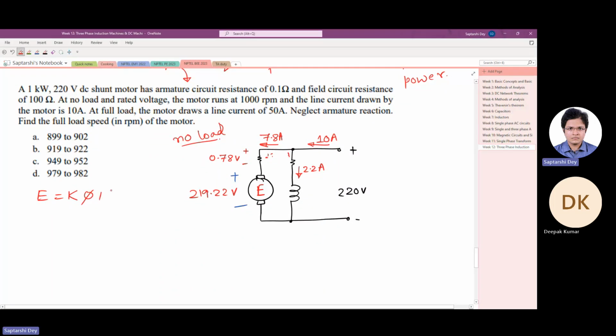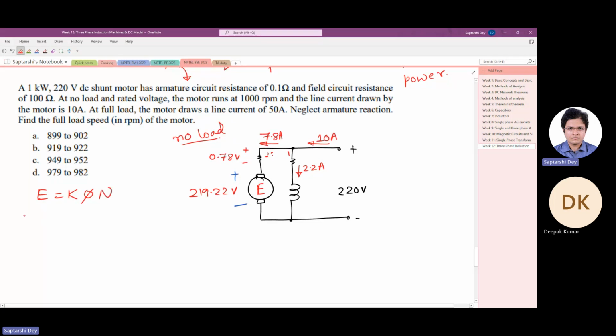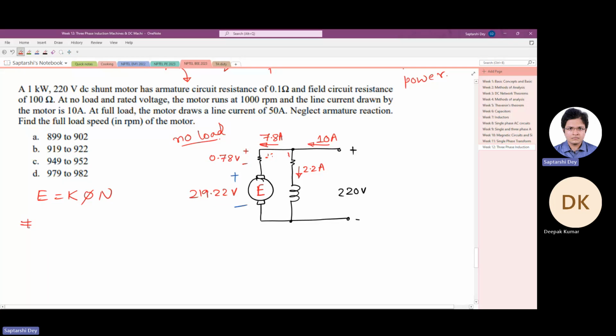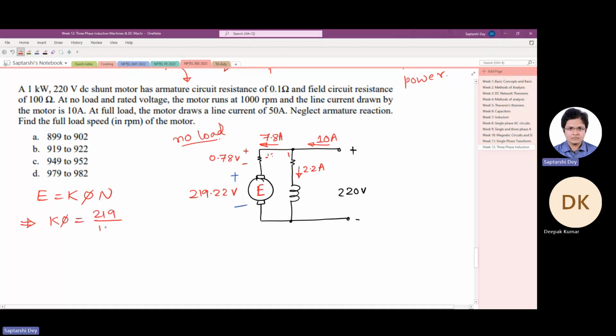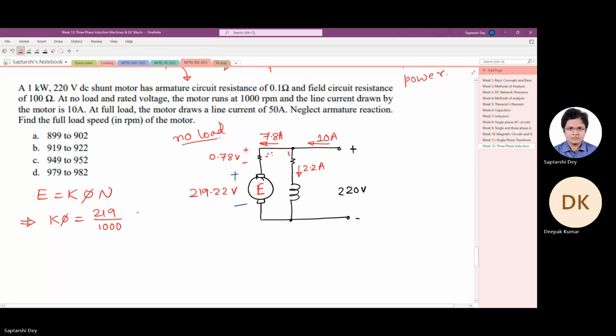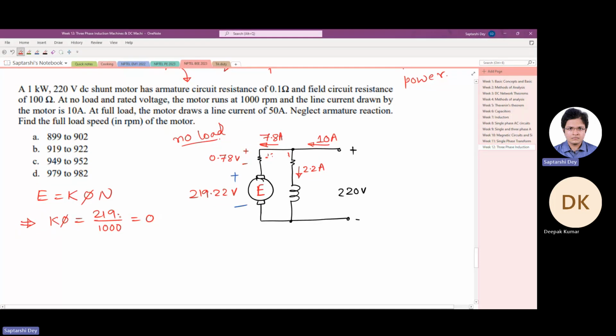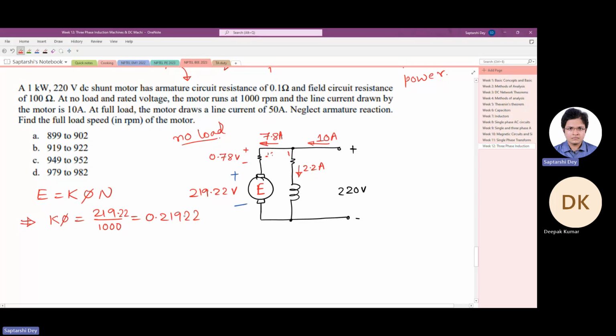If you do not convert the k phi value to SI, make sure that you are not messing up with the units. That is why I am writing the units. Or if you want to be on the safe side, always convert it to SI. Anyway, so k phi is E by N, which is 219.22 by 1000, 0.21922 volt per RPM.